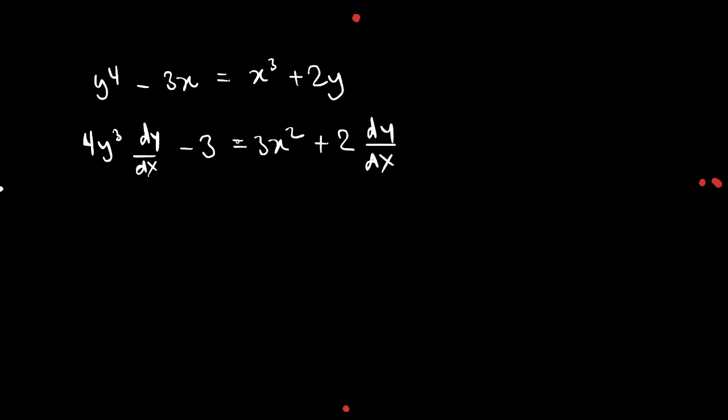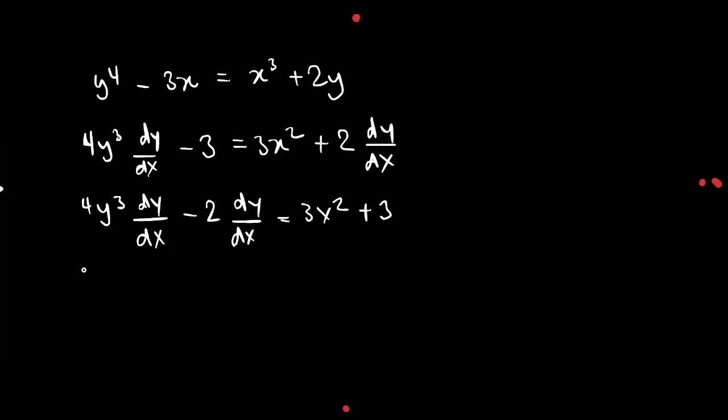Next, we gather our terms that have dy/dx onto the left and the other terms onto the right. So we get 4y cubed dy/dx minus 2 dy/dx is equal to 3x squared plus 3.